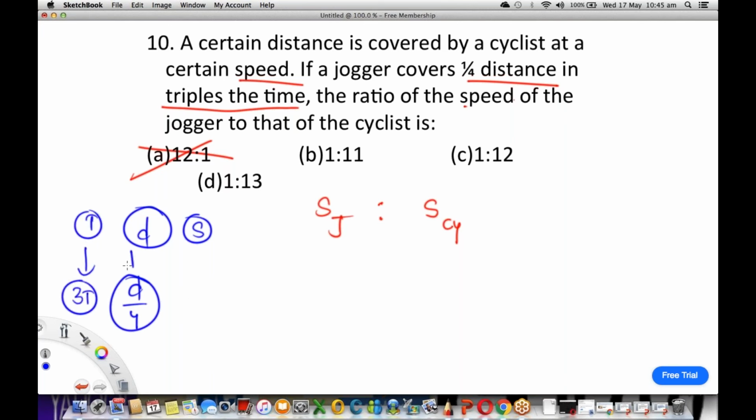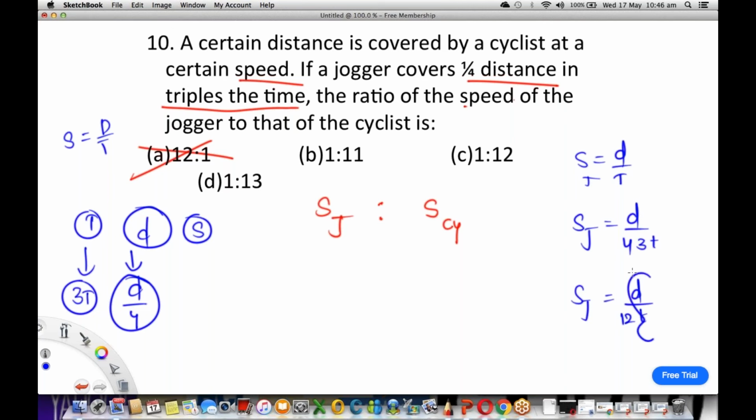Speed is distance traveled divided by time taken. In the first case, the speed of the cyclist is simply D by T. In the second case, the speed of the jogger is D by 4 over 3T, so it is D by 12T.